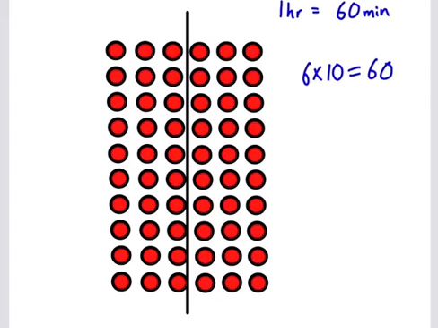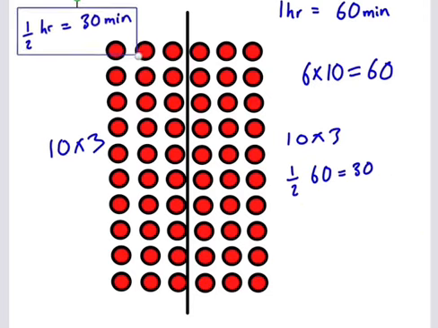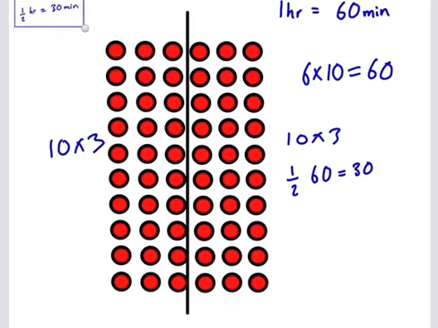And then we have got 10 times 3 on this side, and 10 times 3 on this side. Half of 60 equals 30. Half an hour equals 30 minutes. So that's the first number that we have to remember. Half an hour is 30 minutes.